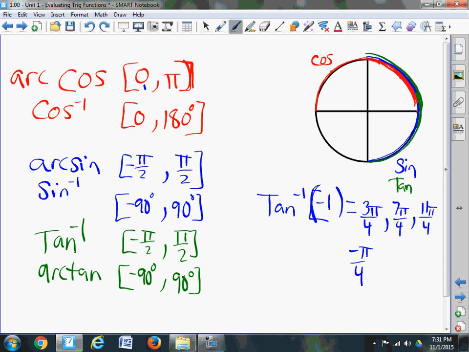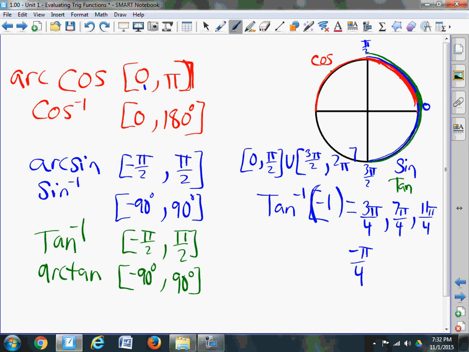So in order to be a function, we have to limit it. Instead of going from pi over 2 to 0 and then calling this 0 to 3 pi over 2, it would seem awkward. It would be a union, right? We'd be saying 0 to pi over 2 unioned with 3 pi over 2 to 2 pi.